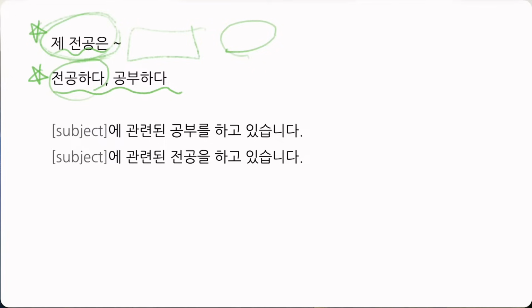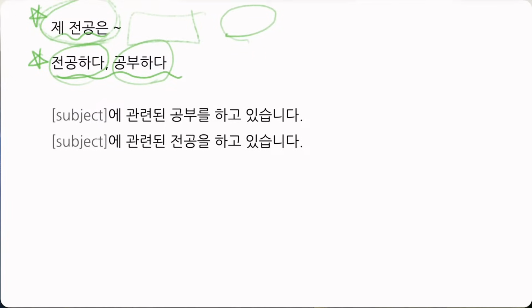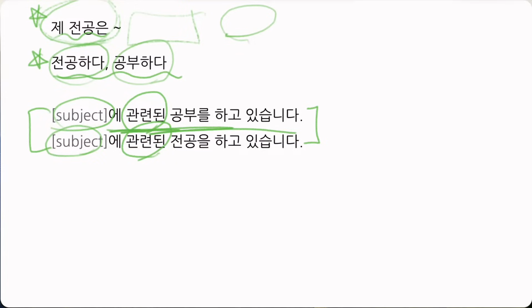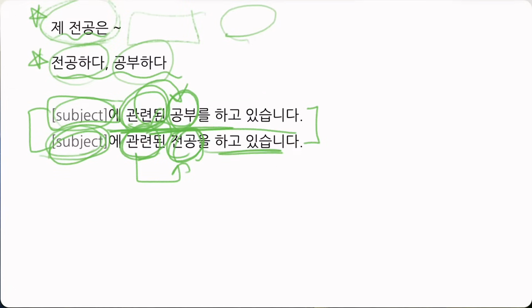I blah blah blah 전공합니다. or 공부합니다. 근데 you can also say, if you don't want to give specific details about your major, but the overall idea, you can also use this word. 뭐뭐 subject에 관련된 공부를 하고 있습니다. Literally, study that is related to a subject, or major that is related to a subject, I do. 이런 식으로 할 수 있어요.